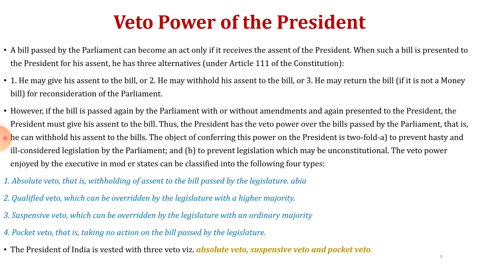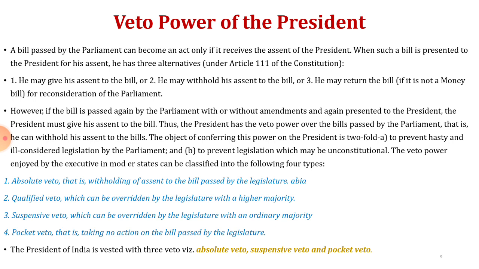However, if the bill is passed again by the parliament with or without amendment and again presented to the president, he must give his assent to the bill. Thus, the president has the veto power over the bill passed by the parliament. That is, he can withhold his assent to the bill.